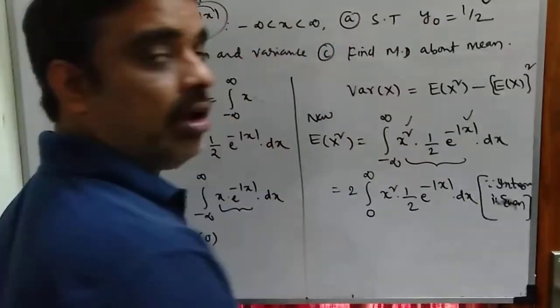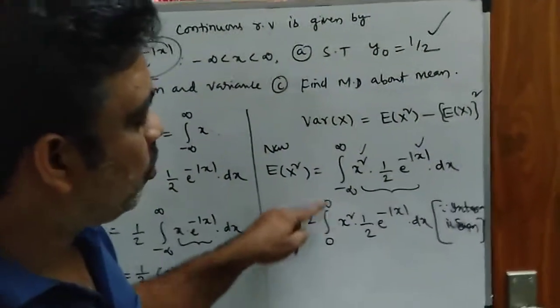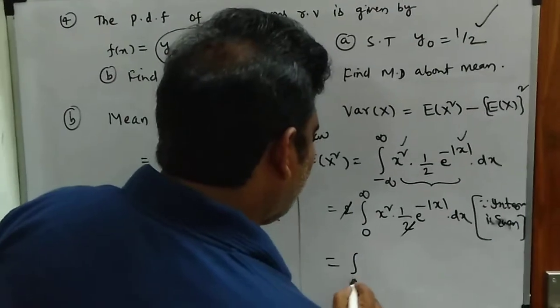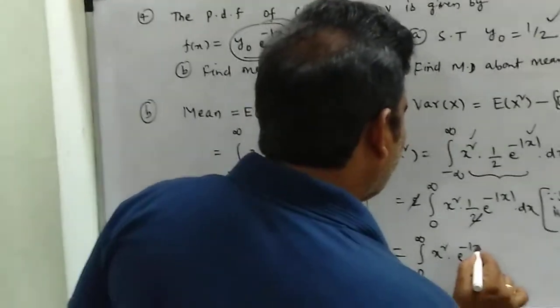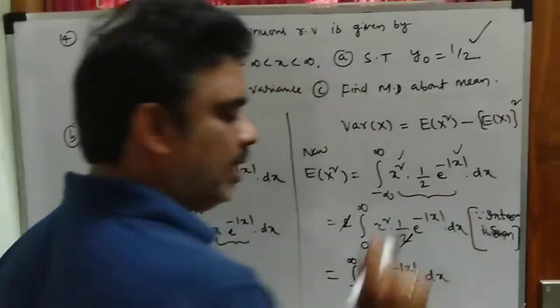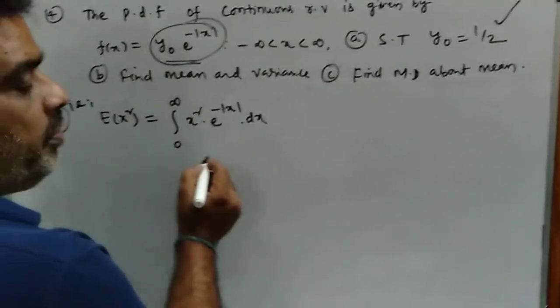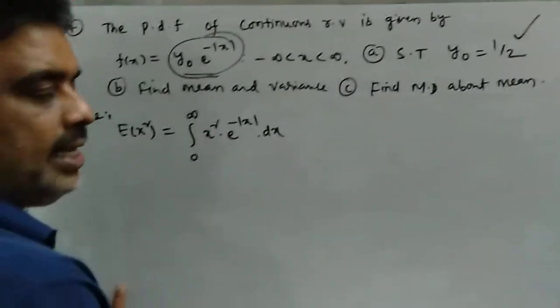Since the integrand is even function, I can write minus infinity to infinity as 2 into 0 to infinity of x square into 1 by 2 e power minus modulus x dx. So the 2 cancels. So e of x square is integral 0 to infinity x square into e power minus modulus x dx.